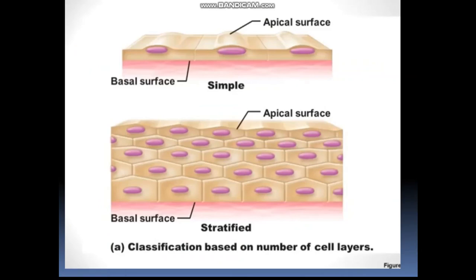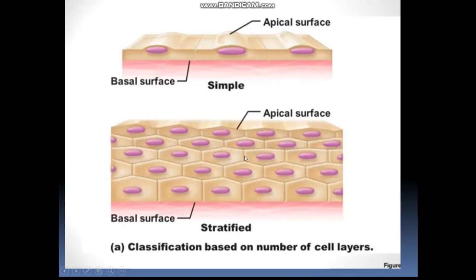But before going to each of the epithelial tissue types, let's talk about the characteristics which differ the epithelial tissue from the other tissue types of the human body. The first, here you can see that between the cells of the epithelial tissue there are not any blood vessels, that is avascular tissue, and it means that between the cells we cannot see blood vessels.